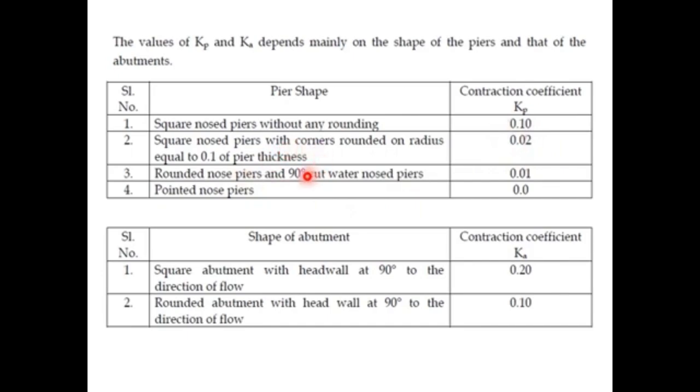For fully rounded piers, we have 0.01, and for pointed piers, it is 0. Now for the shape of the abutments, for a square abutment with the head wall at 90 degrees to the direction of flow, Ka is taken as 0.2, and for rounded abutments, Ka is taken as 0.1.